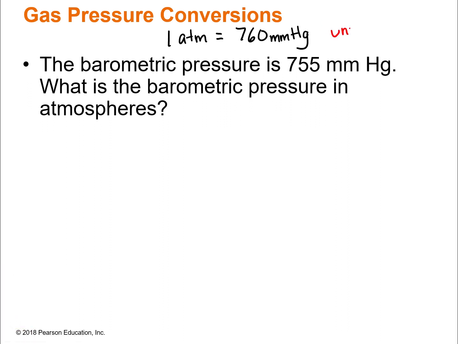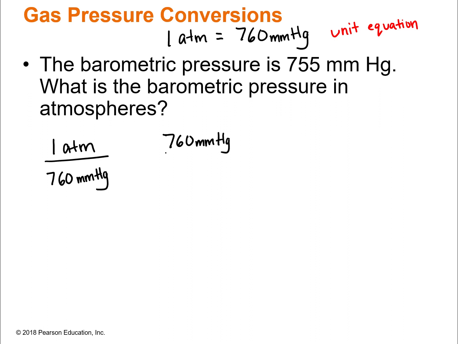So let's label this. The unit factors that we can write from this: 1 atmosphere over 760 millimeters of mercury, and the reciprocal. Those are the unit factors.